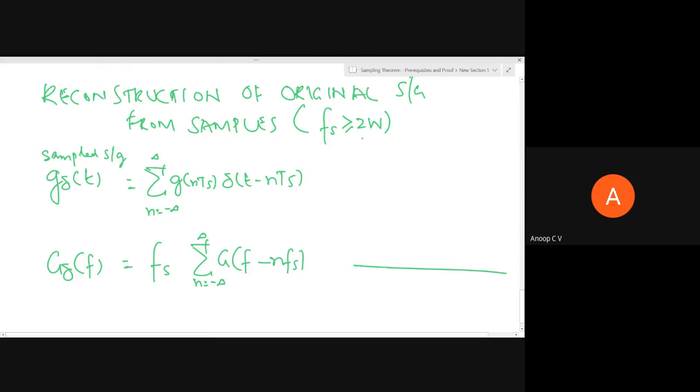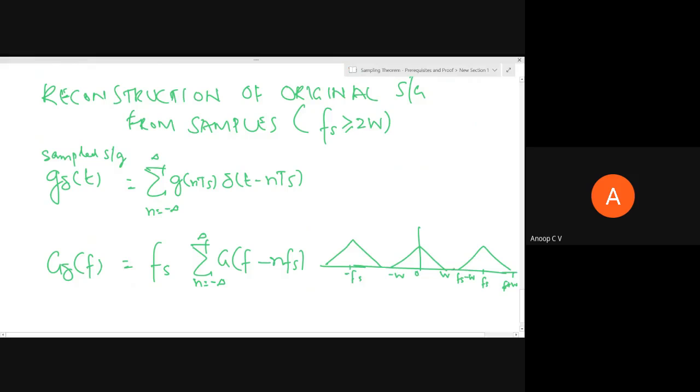In the case when fs is greater than 2w, there won't be overlapping, so the spectrum will be like this. This is 0, this is w, this is fs minus w, this is fs, this is fs plus w, this is minus w, this is minus fs, and so on.